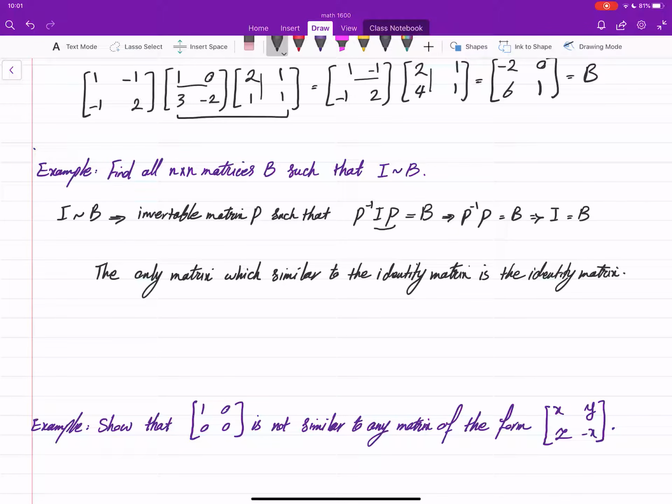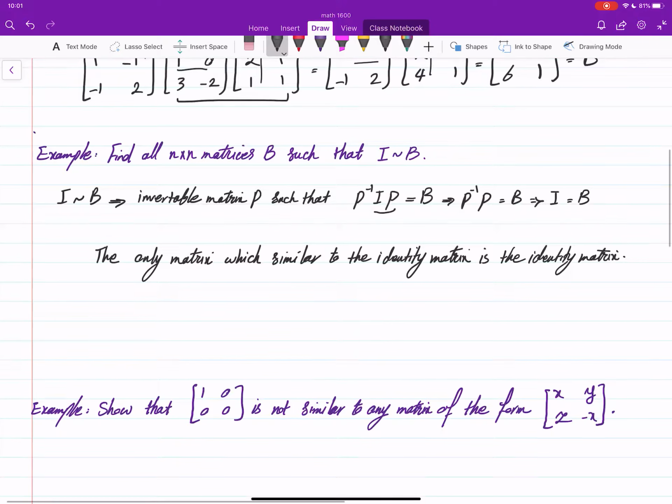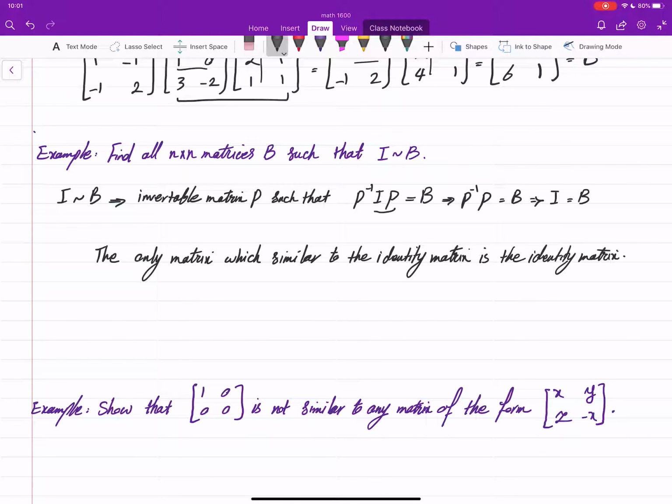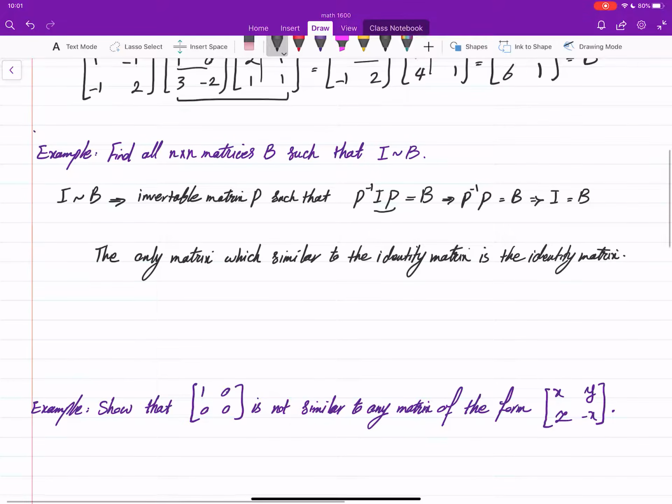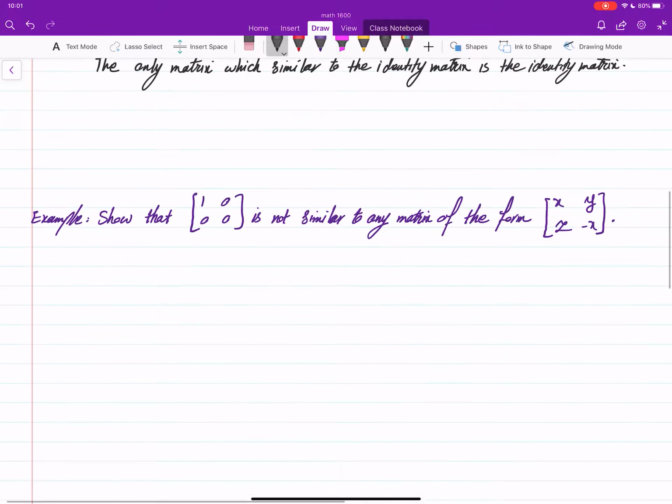Well, just for a special case, we will see that in general it is not easy to determine these things, but for the identity matrix it wasn't bad. Okay, let's do another example.